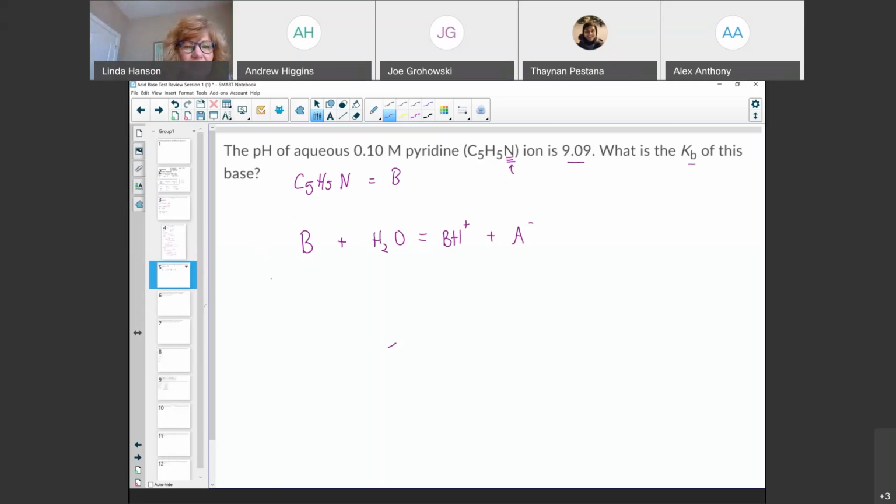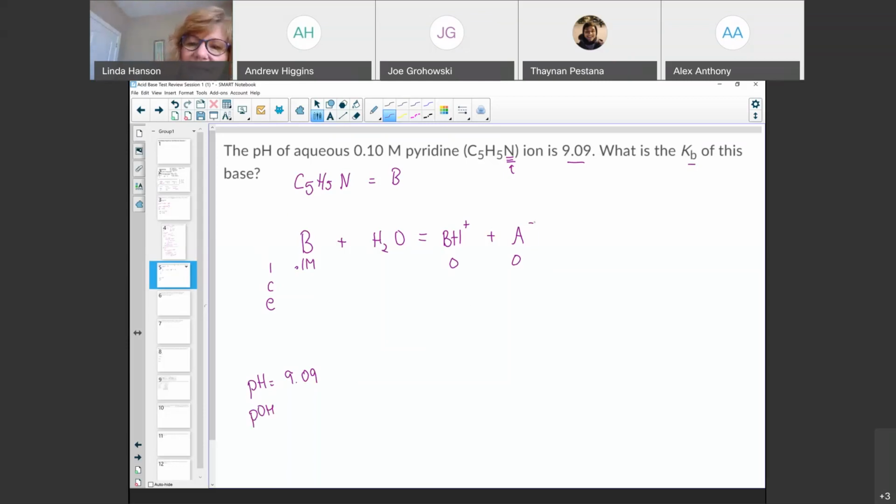Initially, we have a 0.1 molar base, and these of course would be 0. And it's telling me that the pH of this solution is 9.09. What this actually tells me is the information for what those ion concentrations are at equilibrium.